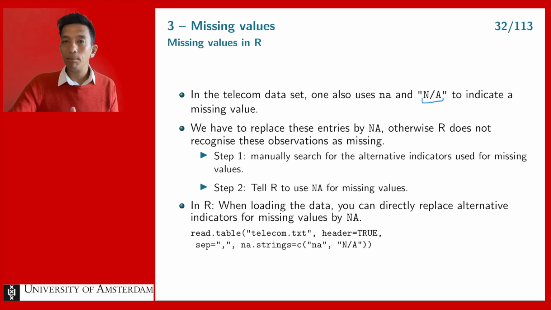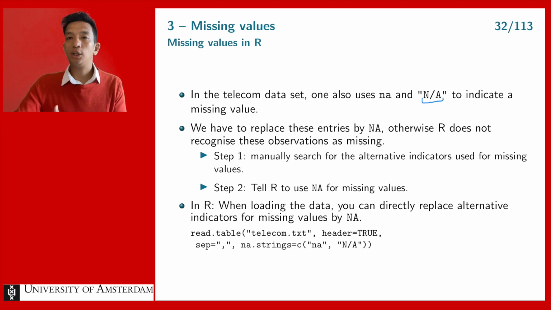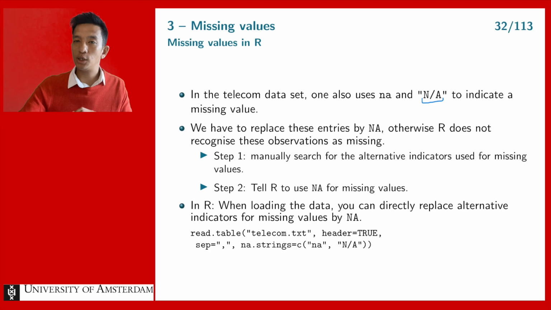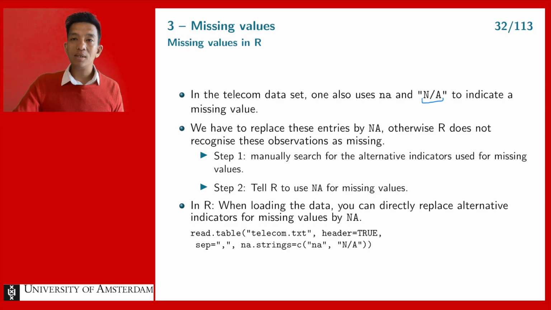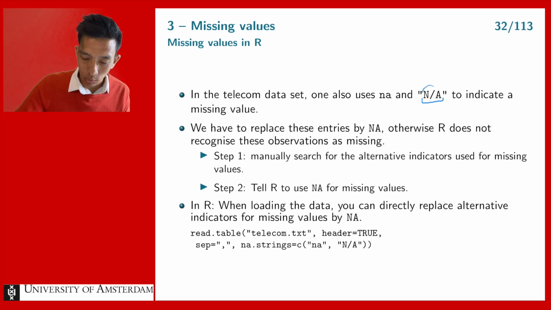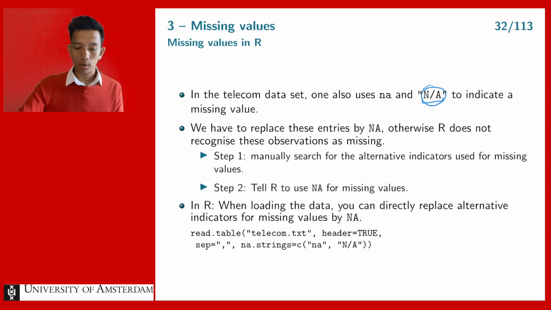It could be, for example, that someone manually inputted n/a, saying, well, there's a problem with this observation, so I just put n/a to say, look, here is a missing value. The problem is that R does not know that you are also using n/a to indicate missing values. So if you use the is.na and which functions to find your missing values, R will find the NAs and the NaNs, but it will not find these.